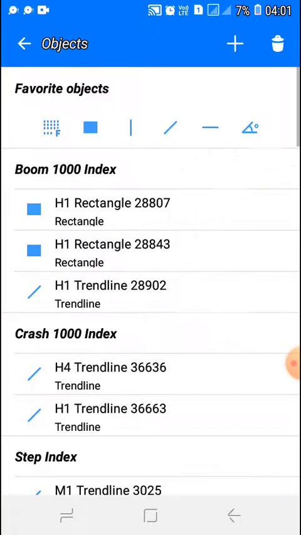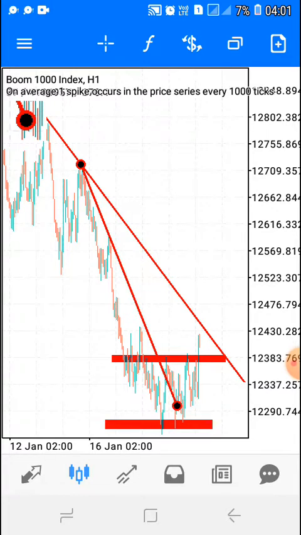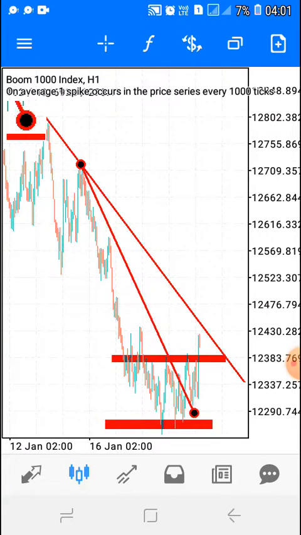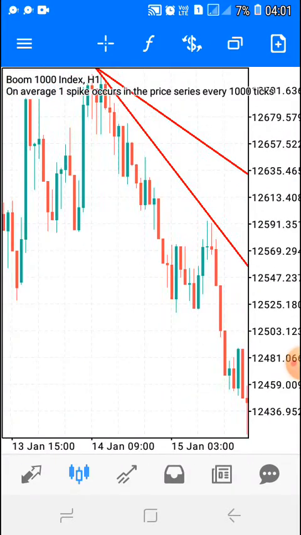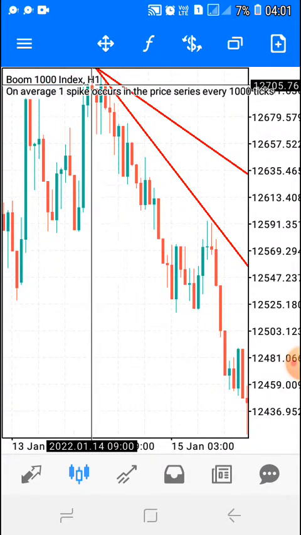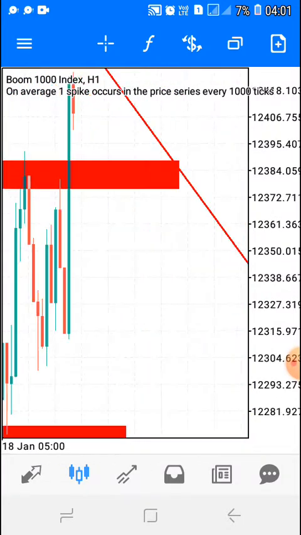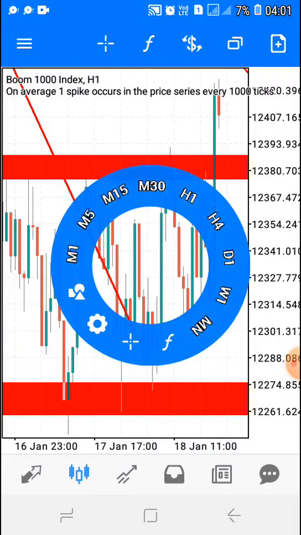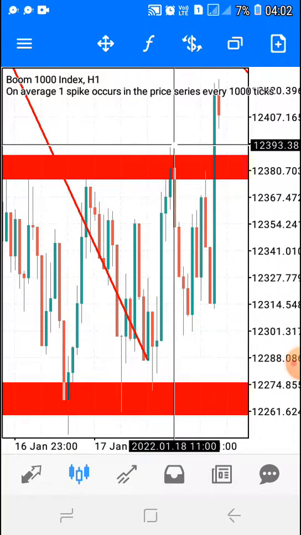If I draw another trend line on Boom 1000, I can actually see that there was a breakout. Here's my first touch over here, and then I have my second touch over there. And over here, we can see the price decided to break above this level, and it went up.